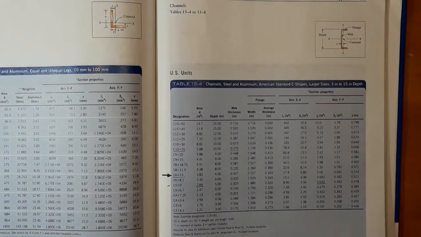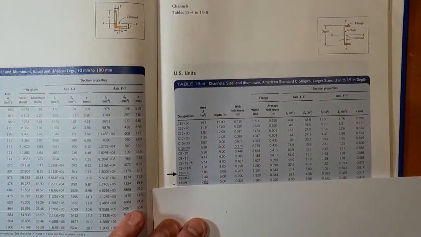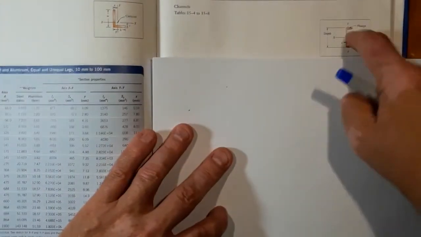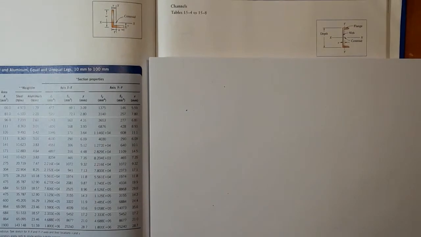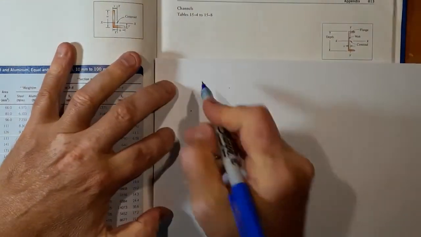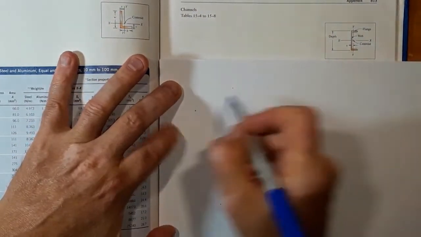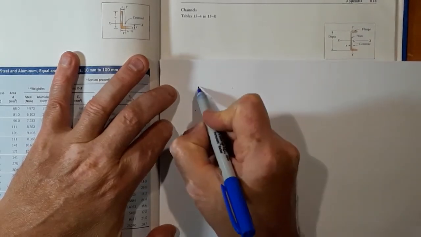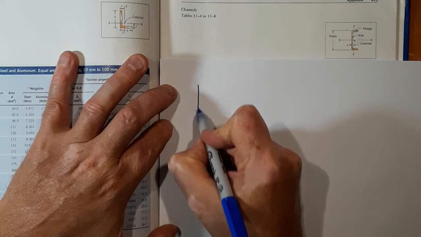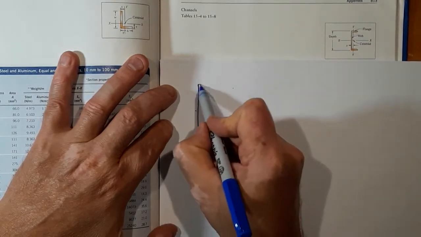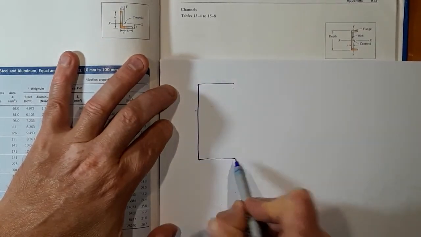Let me copy this figure quickly, because for the 3 problems, the last one, we need more geometric information from this. And then we'll discuss this, but we need to decide which way the channel is pinned.